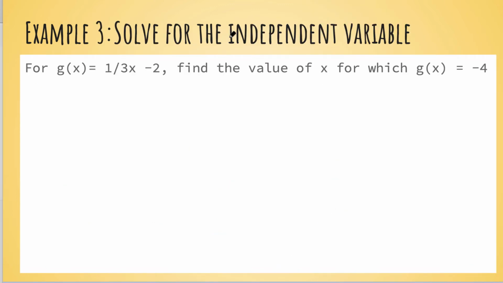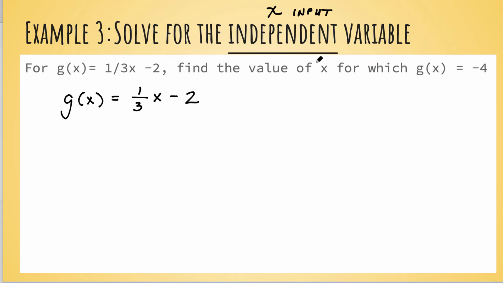Okay, in example 3, we're solving for the independent variable. Remember, the independent variable is really going to be our x value, or this is our input. So we have g of x is equal to 1/3 x minus 2. So I'm just going to rewrite that. g of x is equal to 1/3 times x minus 2.